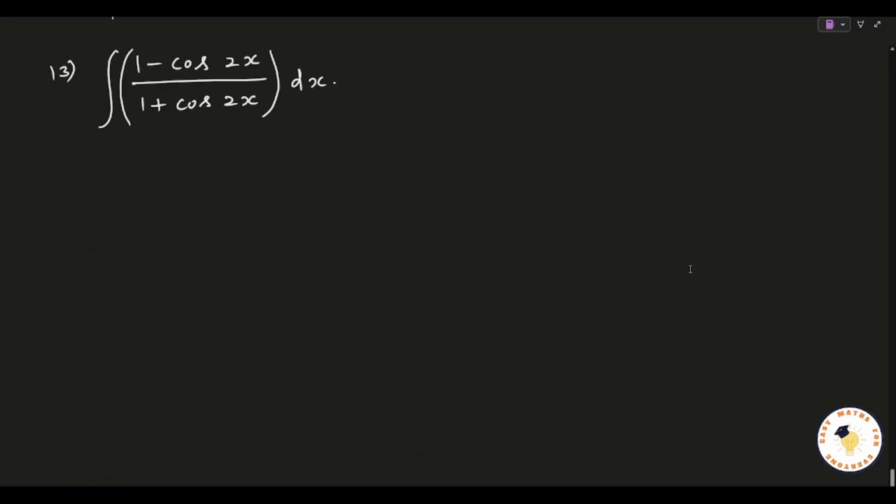Let us solve this sum, integral of 1 minus cos 2x by 1 plus cos 2x dx. We are going to use trigonometric identities here as well. We know that cos 2x equal to 1 minus 2 sin square x.